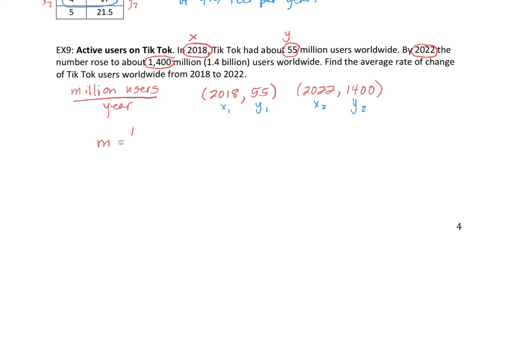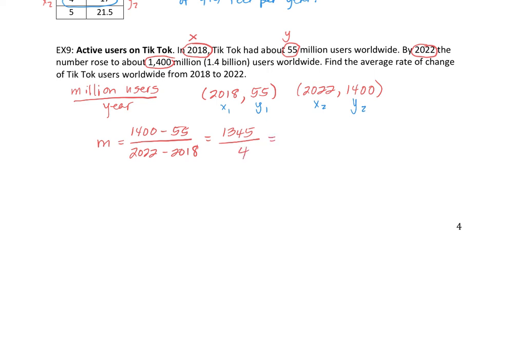which would be 1,400 minus 55 over 2022 minus 2018. And I just plug that in a calculator to get 1,345 over 4.